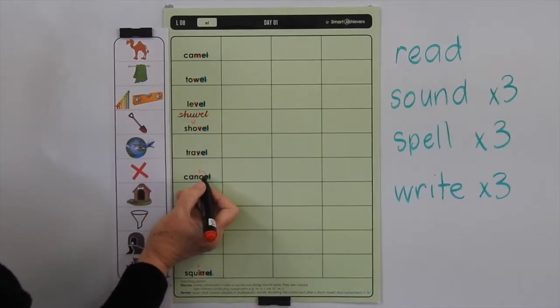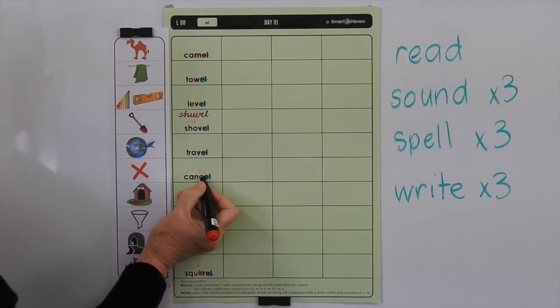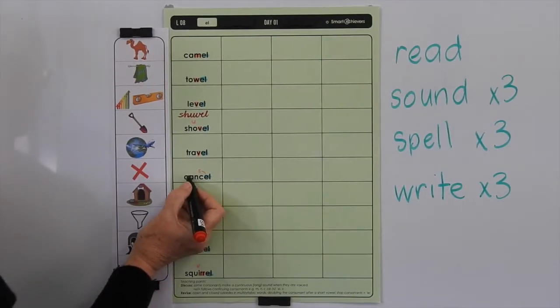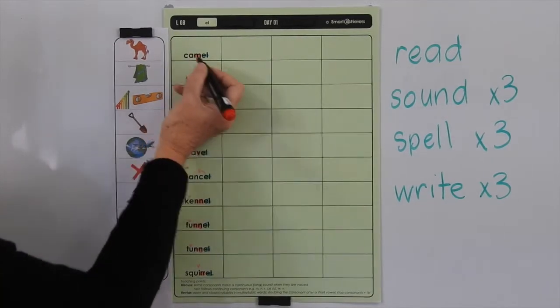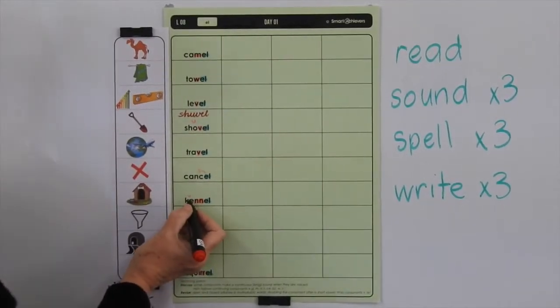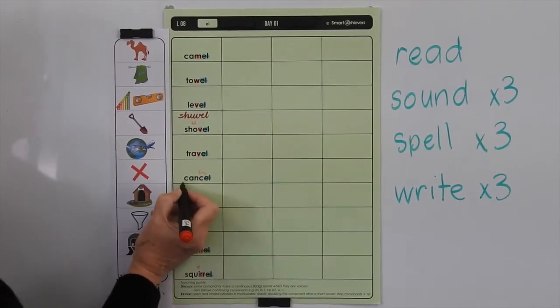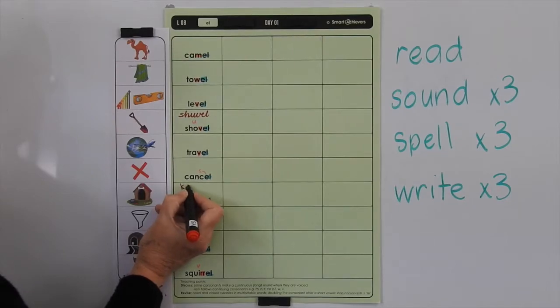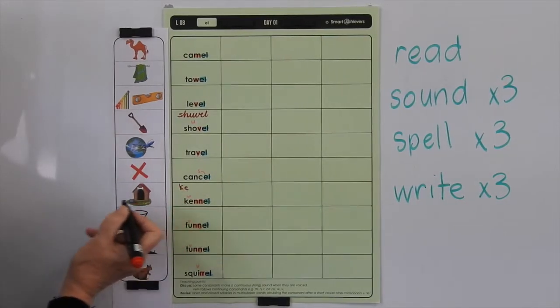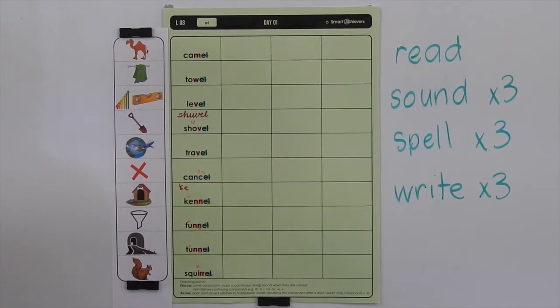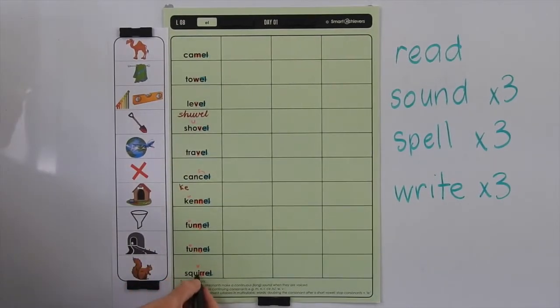Now here, don't forget that E is making the C say S, whereas the A is making the C say K here and here. Now here in kennel, because if we have CE, we know it will say S, we have to use a K before an E for the K sound when we want it to say K. You also know down here that you must always have a U after a Q for the Qu sound.